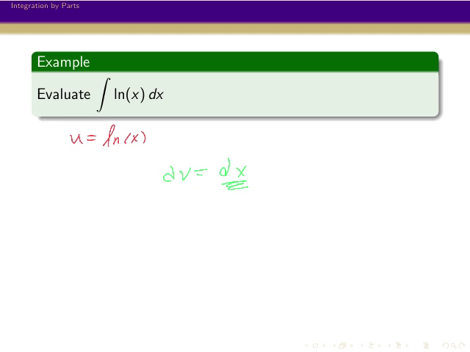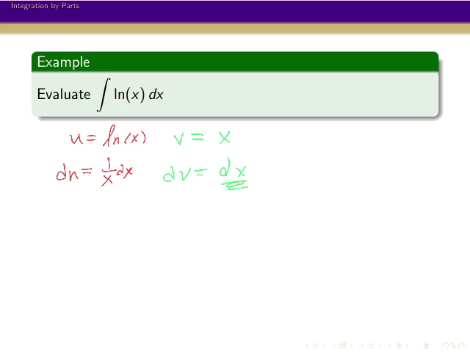And so now we can get du, derivative of natural log of x, is just 1 over x dx. And then v is going to be just, well, what's the integral of dx? Antiderivative of dx is just x. Antiderivative of 1 is x. And so we can use that.